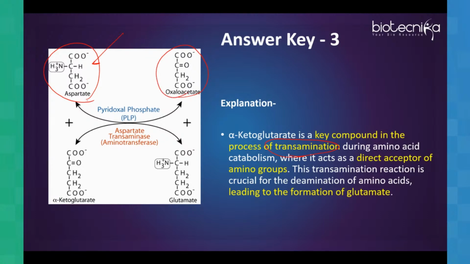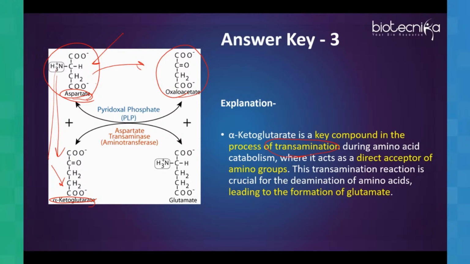Alpha ketoglutarate is also a keto acid, we know that from carbohydrate metabolism. So it can directly accept the amino group, because we want aspartate to convert into a keto acid. So that's what happens.